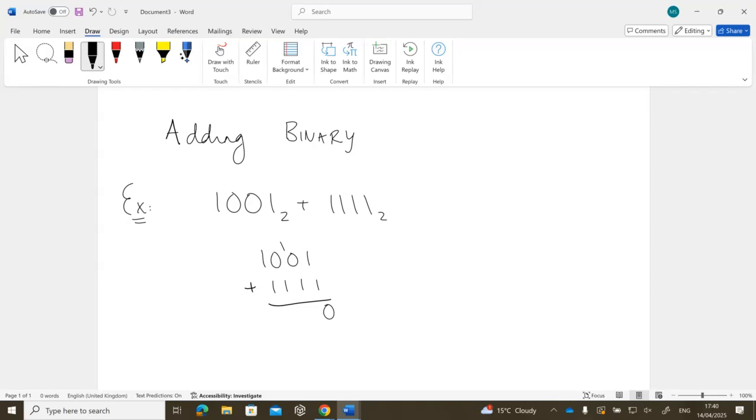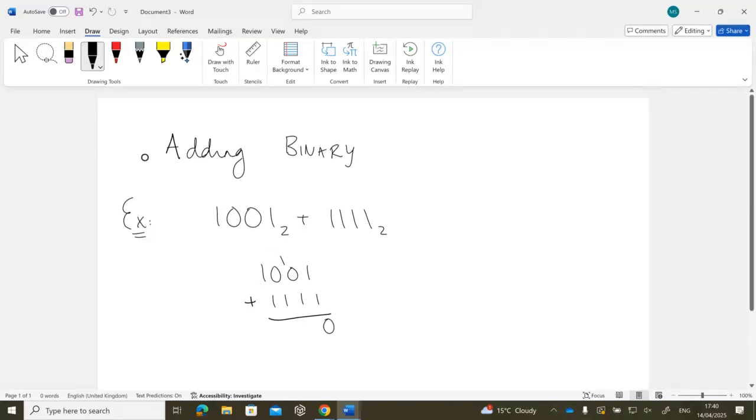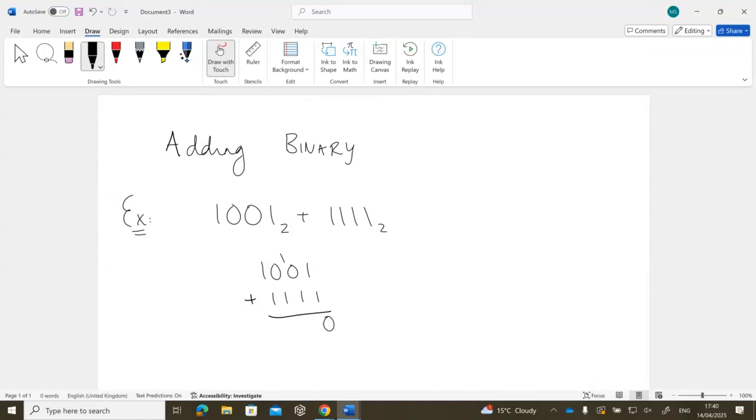Then 1 plus 1 is 2 again, but it's actually base 2, so it's 10. And 1 plus 1 plus 1 is 3, but that in base 2 is 11, right?